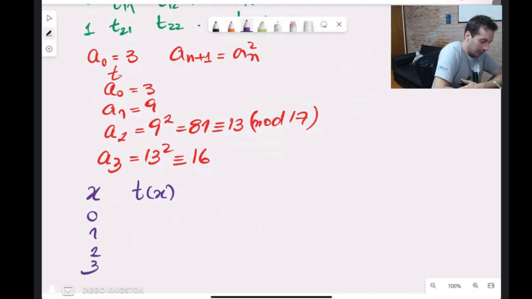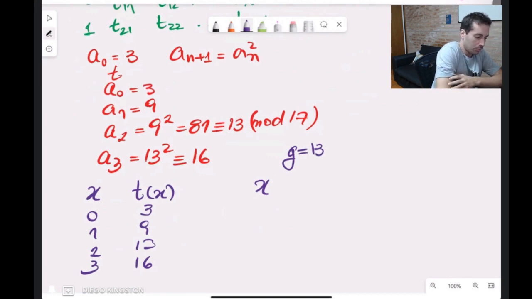So we would have t of x be 3, 9, 13, and 16. But to make our lives easier, we will use the generator of one of the subgroups of the multiplicative group of 17. So we will choose as a generator the number 13.